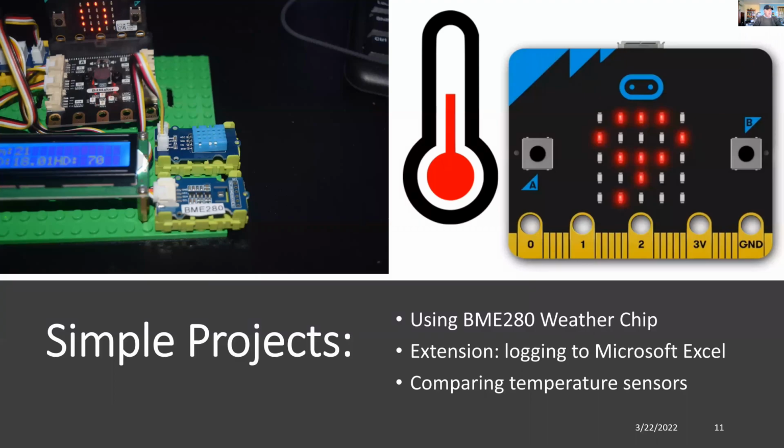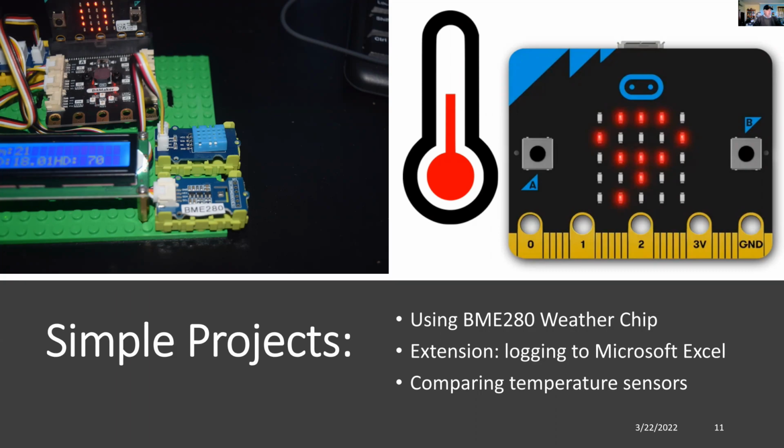So for the simple projects we'll do this week, we'll be using the BME 280 weather chip. And we'll be using extensions to support that on the Microsoft Makecode. And one of the advanced topics I'll just mention this week is how to log the data that we collect to Microsoft Excel.